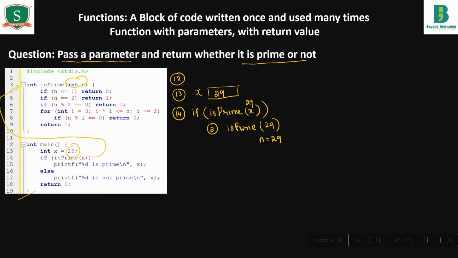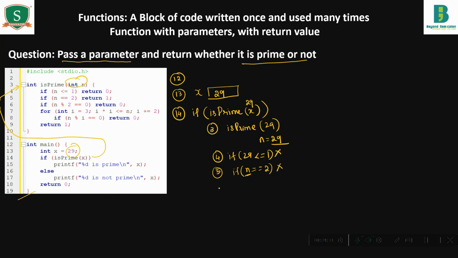If you look at the fourth step, it is mentioned if n is less than or equal to 1. If n value is 29, we know 29 is not less than or equal to 1, condition failed. Fifth step, if n is equal to 2, the condition failed because n value is 29.